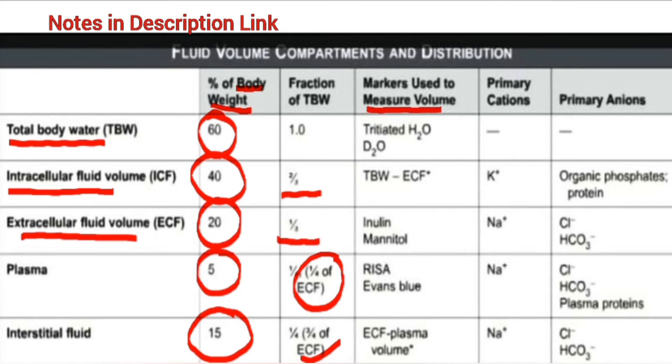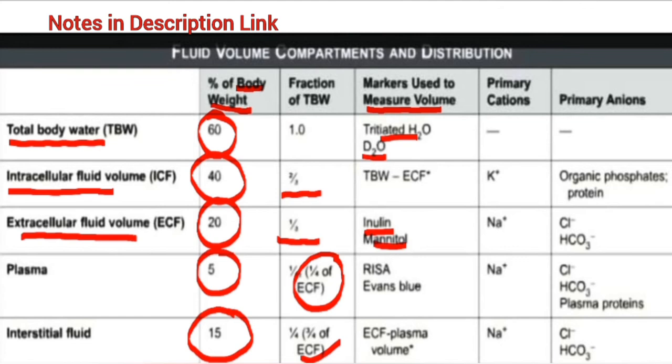And the tracer is the marker used to measure the volume of a specific compartment. So for total body water, we use tritiated H2O, D2O and urea, because they distribute in the whole body compartment. To measure the extracellular fluid, we use inulin, mannitol and sodium, because they are limited to the extracellular fluid.